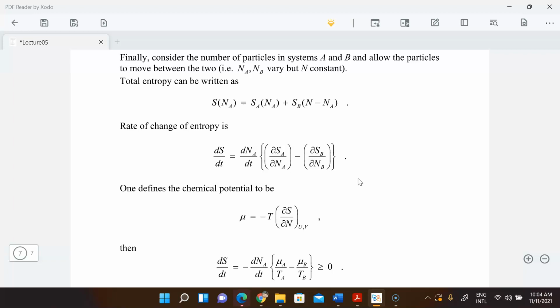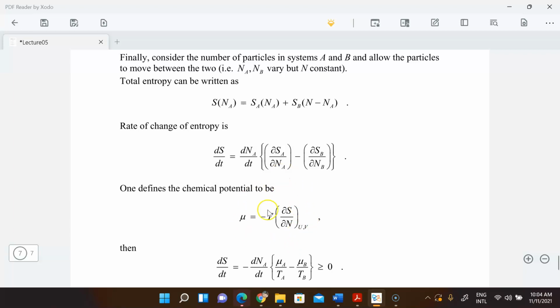So we need to introduce something, just like in the case of the other variables. We define a chemical potential, which is written as the temperature times the partial derivative of the entropy with respect to the number of particles. That is called the chemical potential.